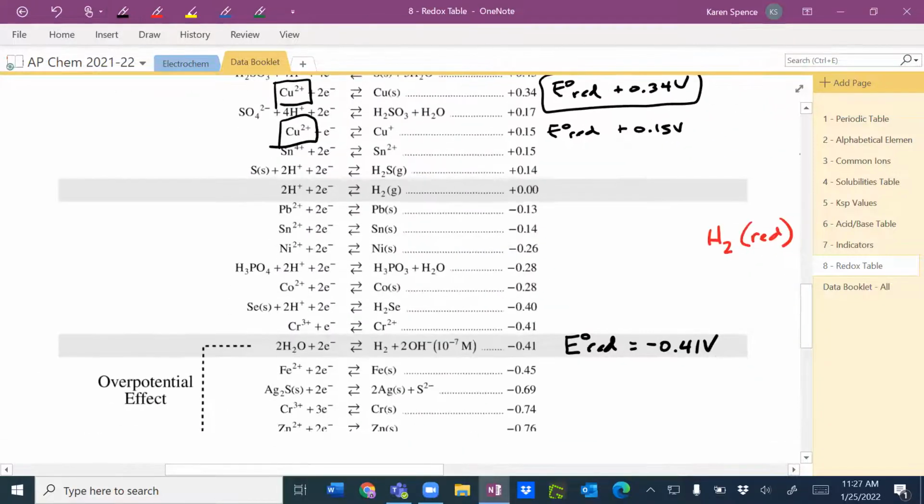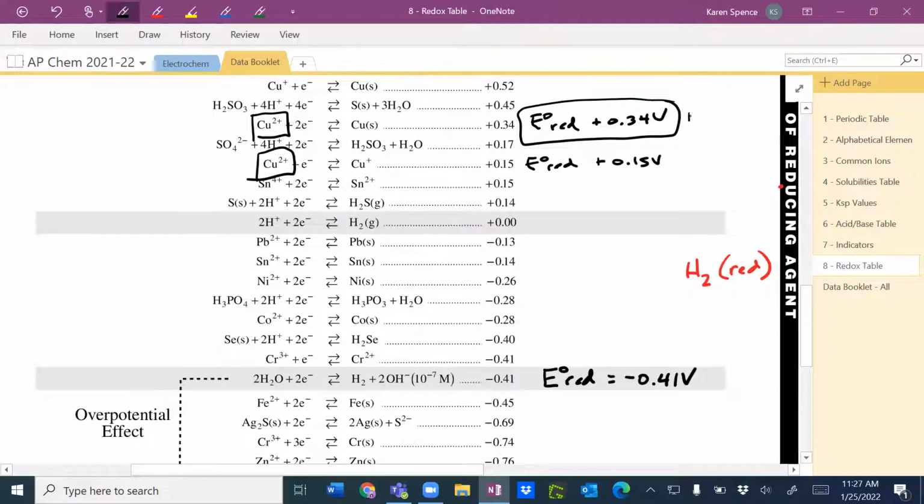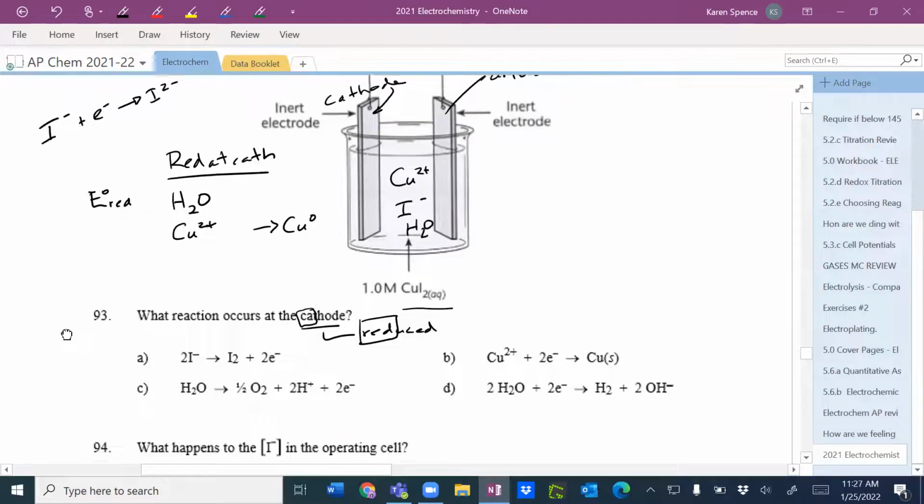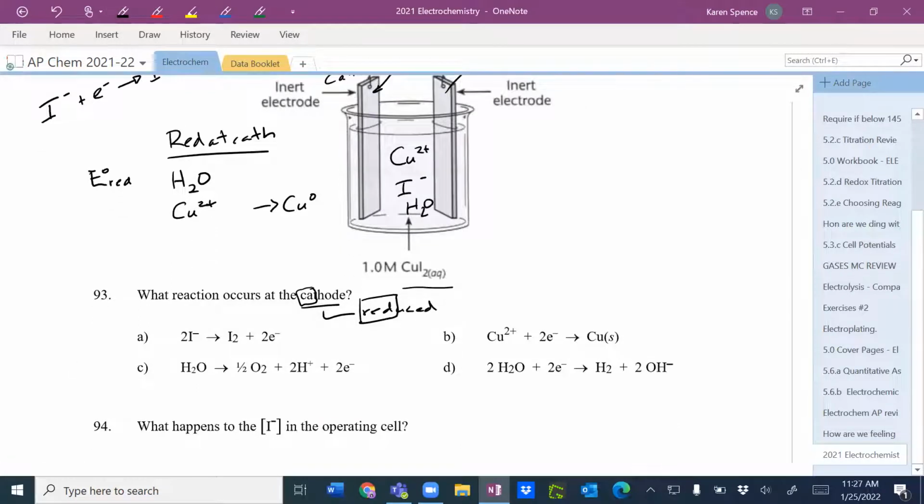So out of all three of those, this is the most positive. And so that would be our reaction, copper 2 plus going to copper solid. So at the cathode, it's going to be copper 2 plus going to copper solid, and that is B.